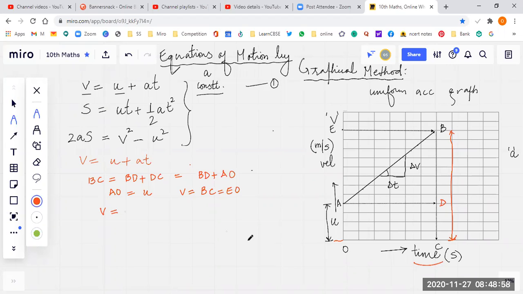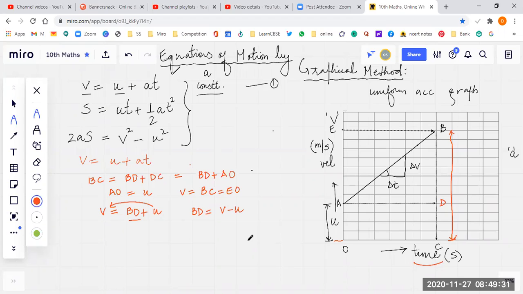But BC is V, so V is equal to BD plus DC. DC is equal to U. Am I right? So can I say BD is equal to V minus U? I take U on the left side, so BD is equal to V minus U.